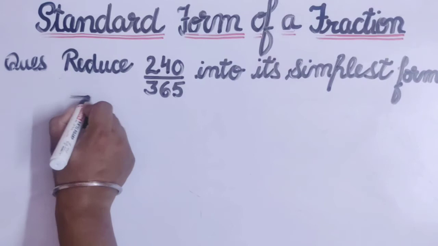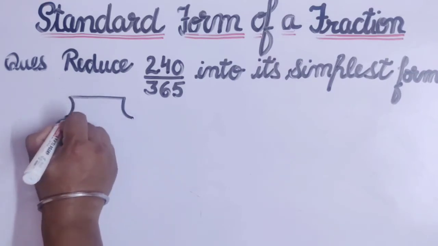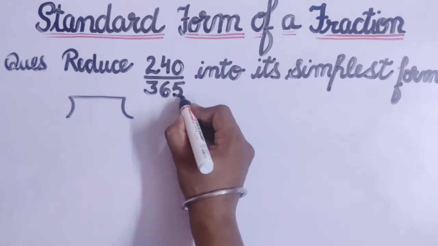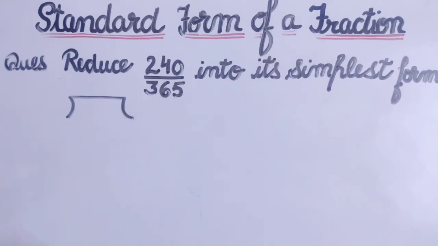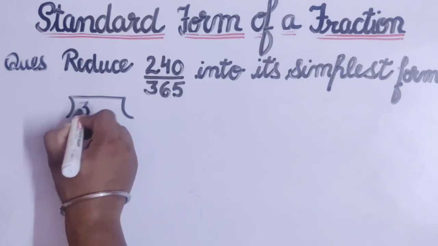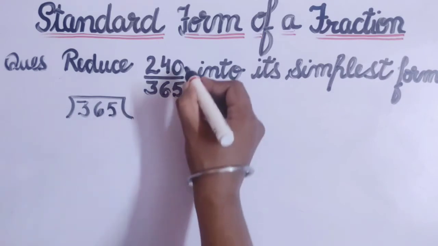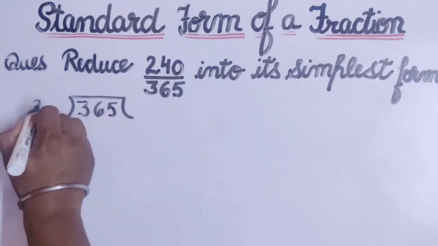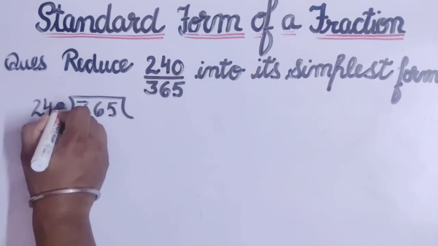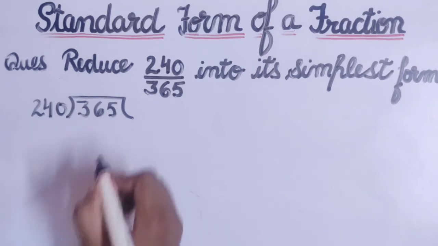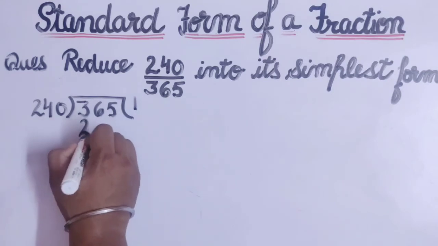Firstly, we will find out the HCF. First step to find out the HCF by long division method is the greater number which is given to us, we write as a dividend, and the smaller number we write as a divisor. Yes students, let's find out its HCF. 240 ones are 240.